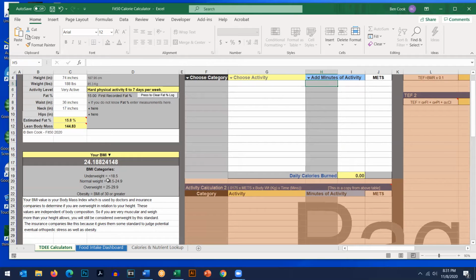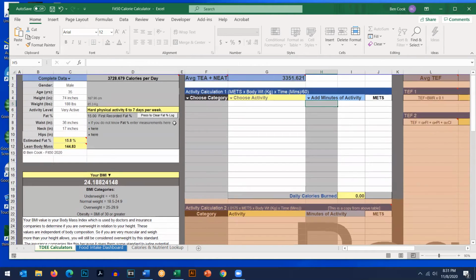They interpret carrying all this mass around as a threat to your orthopedic health over time, that your knees and your back and your joints are going to suffer, and they're going to end up having to pay some kind of payout on insurance, or you're going to end up in the hospital and be taken care of for some type of surgery later on. And so that's why body mass index is used predominantly by the health industry, just to be able to categorize you on insurance reports and doctor's reports.